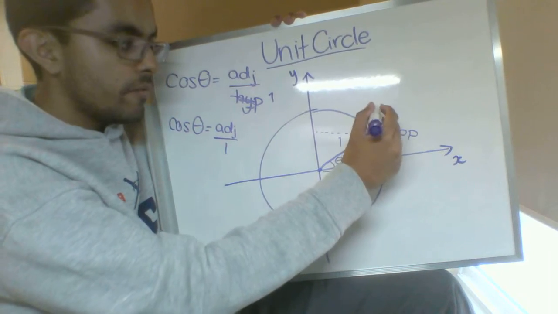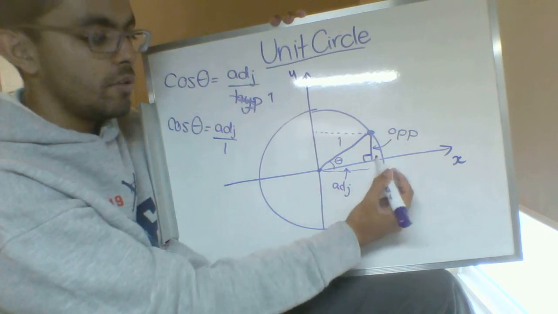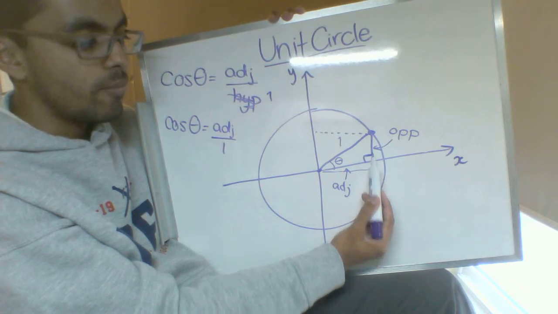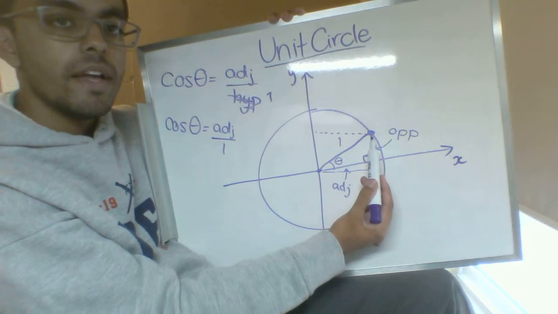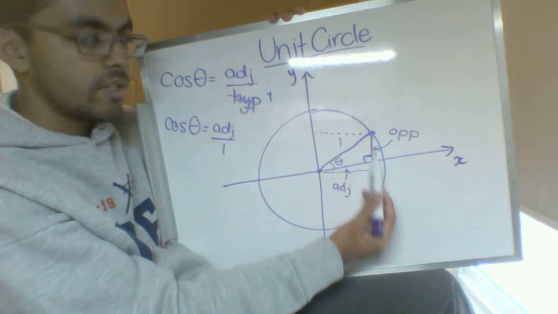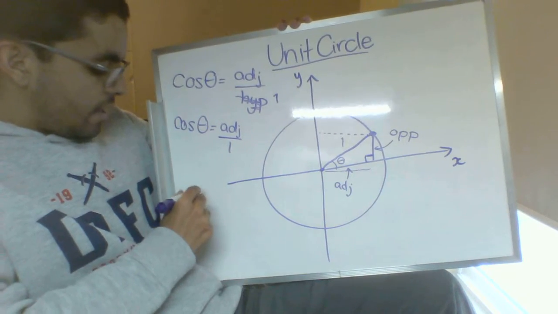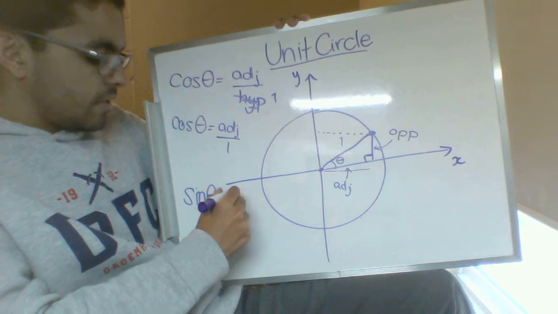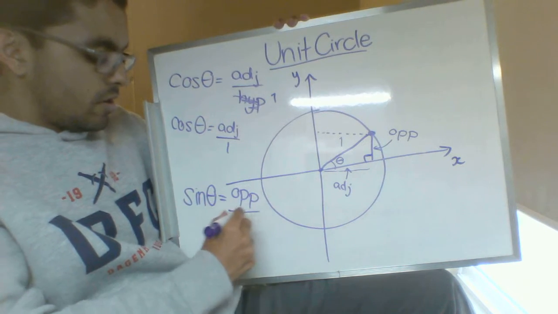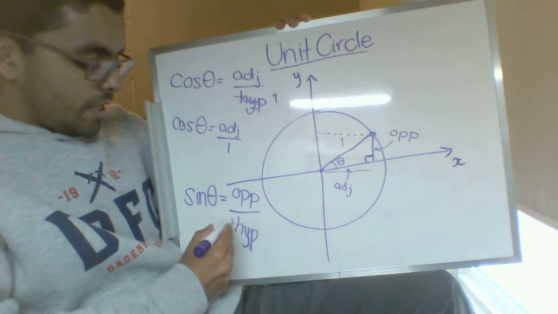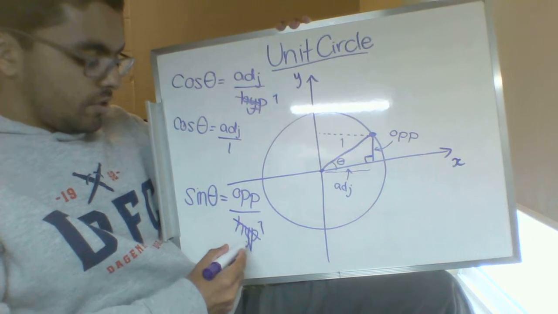Similarly, the y value, the distance it's moved up from the x-axis, is the length of the opposite side, right? Now sine theta is opposite over hypotenuse, but here, once again, the hypotenuse is just 1.